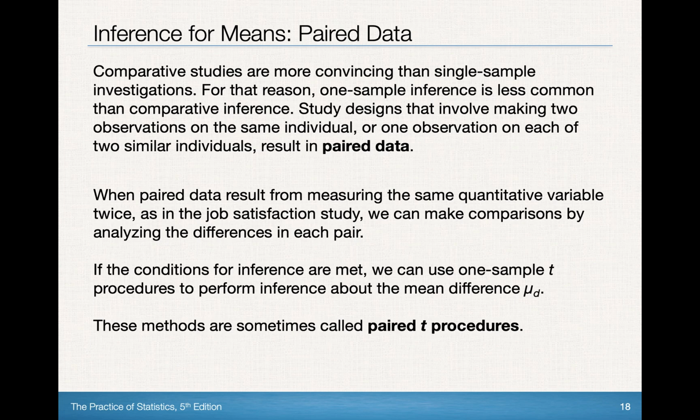If the conditions for inference are met, we can use one sample t procedures, just like we did in the last section, but we're looking at the mean difference, which is the difference between the pairs, and then the average of the difference. Okay, you might call it a paired t procedure. You might call it a paired t test, a matched paired t test. All of them are considered the same thing.